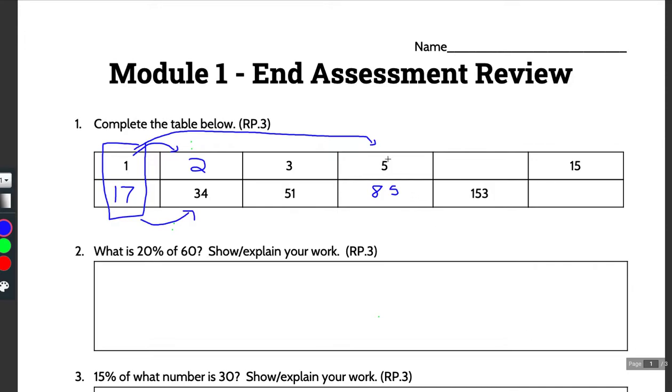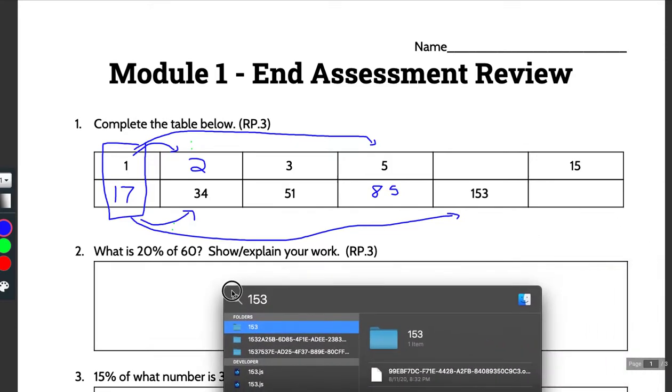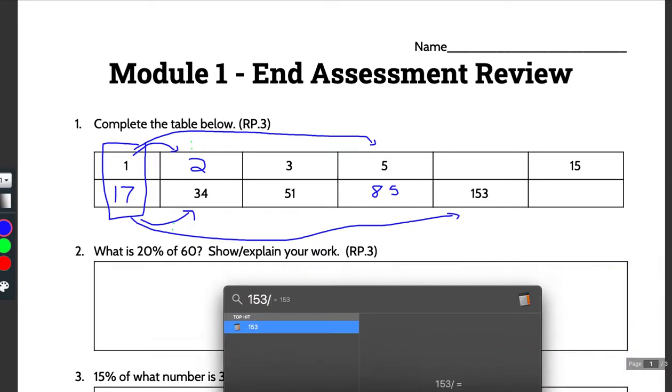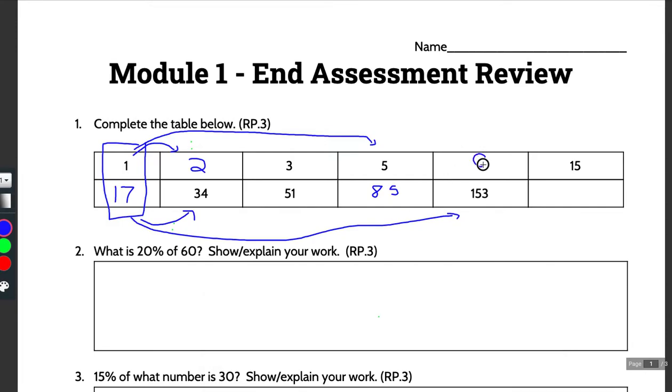And then from here, I don't know what 153 is. Oh, it's probably this times 3. How do I go from 17 to 153? Well, I could do 153, I'm just using a calculator, as you can see right here, divided by 17. That's 9. So this would be 9.